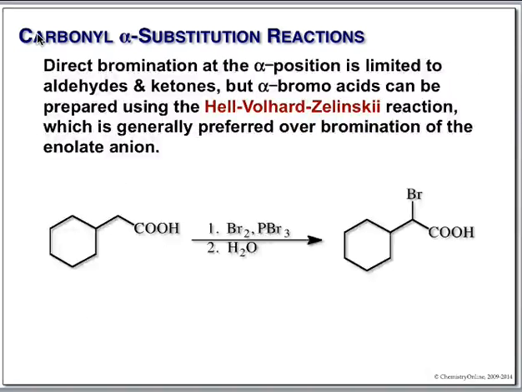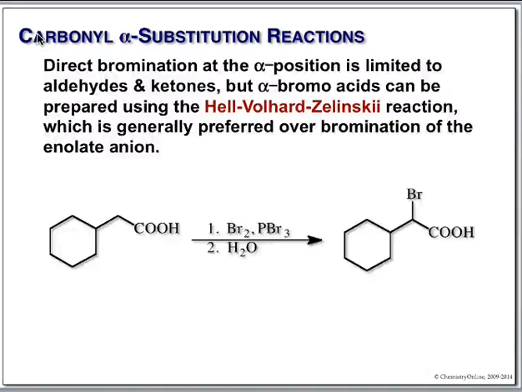remember back in chapter 20, we wanted to make alpha-bromocarboxylic acids. It turns out that you can't do the acetic acid bromine method for carboxylic acids. It just is not acidic enough at this carbon.